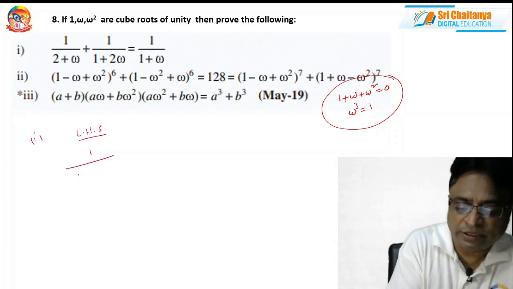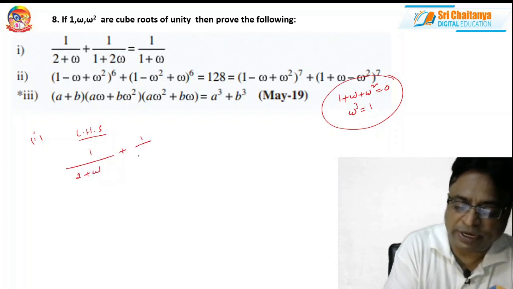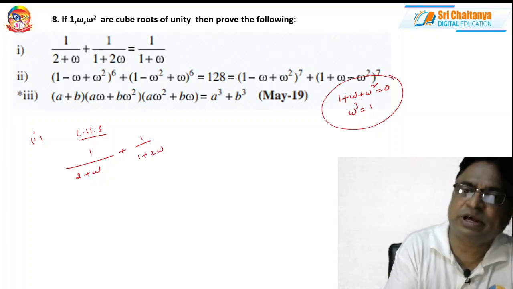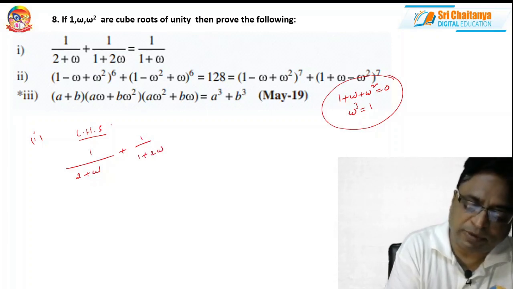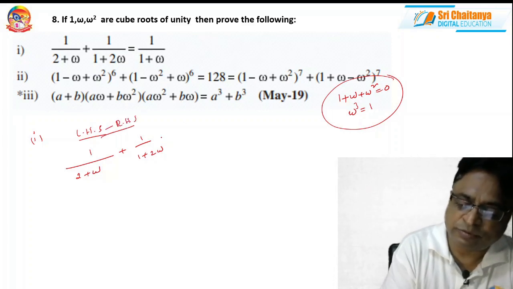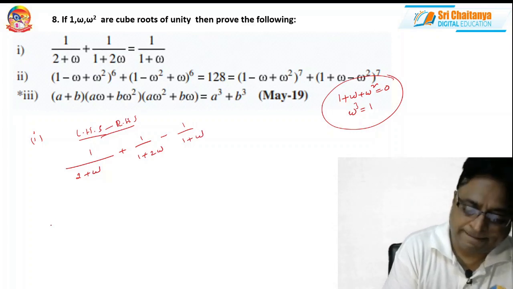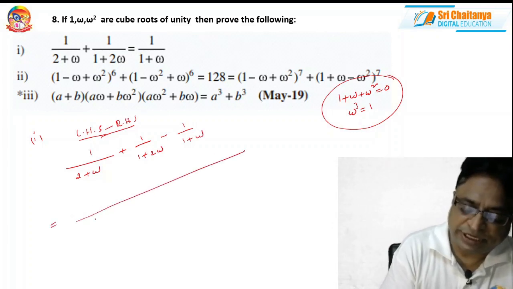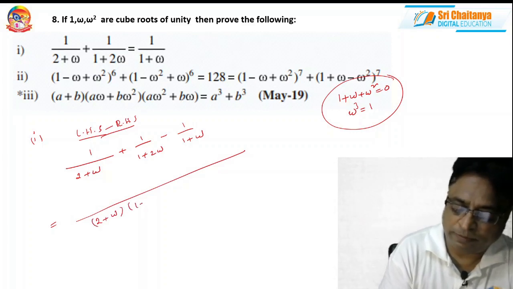So 1 by 2 plus omega plus 1 by 1 plus 2 omega. Of course, instead of LHS equal to RHS, you can take LHS minus RHS, so minus 1 by 1 plus omega. Now I want to show this as 0. So take the LCM, that is 2 plus omega into 1 plus 2 omega into 1 plus omega.